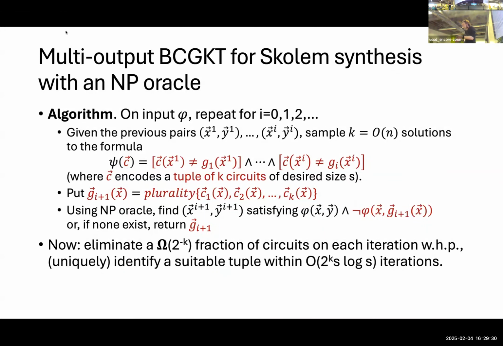There's not that big a space of possible tuples of predictions I can make. So there's a 2 to the k overhead in the number of iterations, because I'm only killing a 1 in 2 to the k fraction of the remaining space each time. Nevertheless, if k was constant, this is like O of s log s iterations.